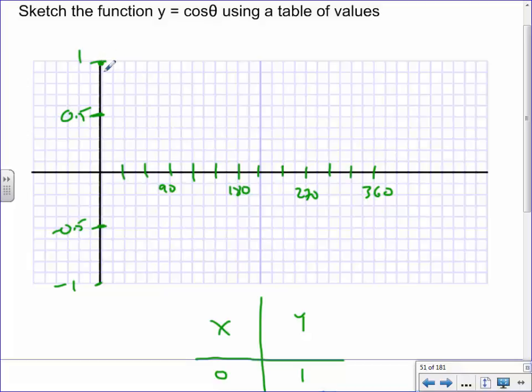You should get, it actually has the same sort of pattern to it. It actually looks almost like a parabola when you're done.